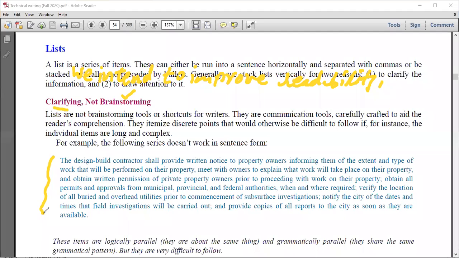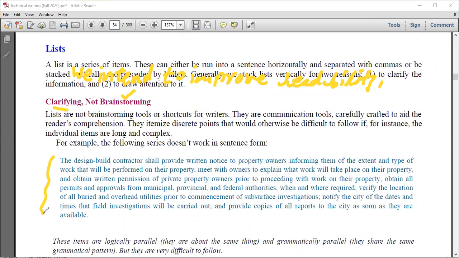Verify the location of all buried and overhead utilities prior to commencement of subsurface investigations. Notify the city of the dates, times that field investigation will be carried out, and provide copies of all reports to the city as soon as they are available.